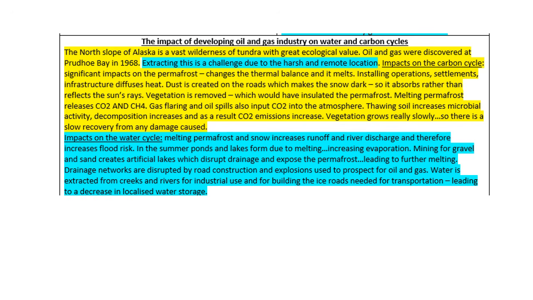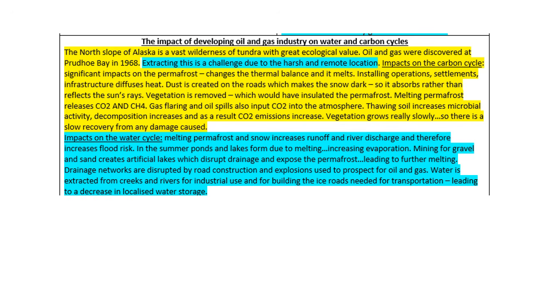We also have those gas flares and places like that where they're looking to see if the gas is actually being extracted. That is like a fire which is melting the permafrost. And that thawing soil, that thawing permafrost, increases microbial activity and decomposition, and as a result, carbon emissions increase. Vegetation there grows really slowly, so it's not going to recover anytime soon.